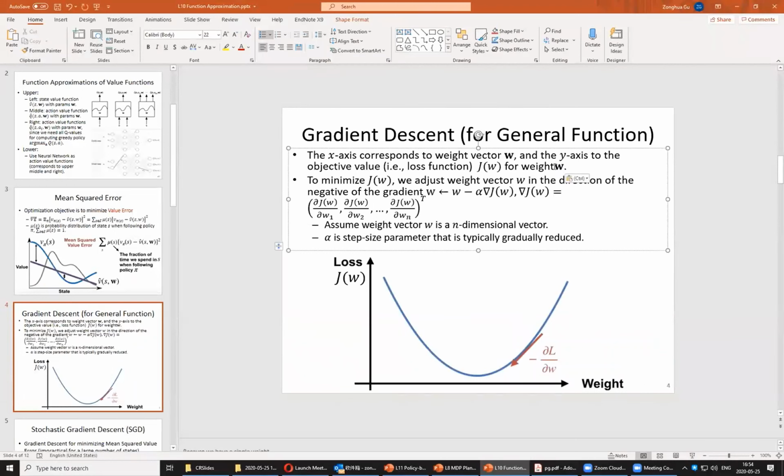So in general, it should be a bold vector, especially for neural networks. There may be millions of weights in a deep neural network. But the cost function is a scalar, a loss.